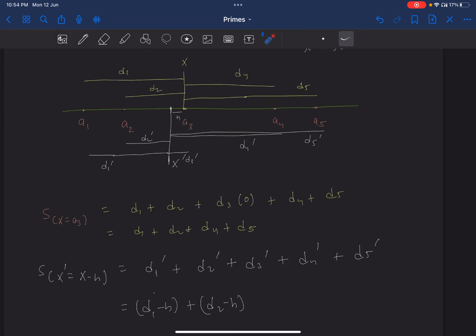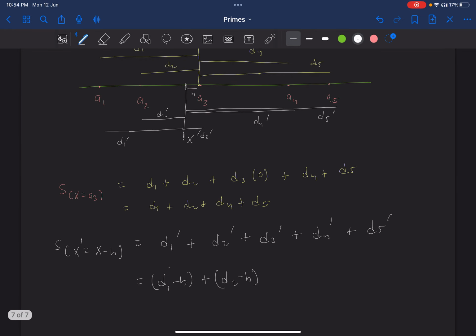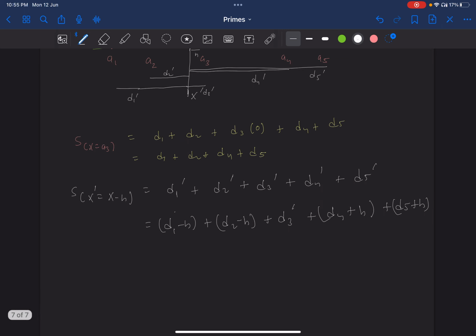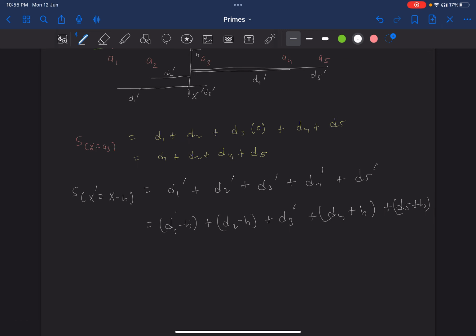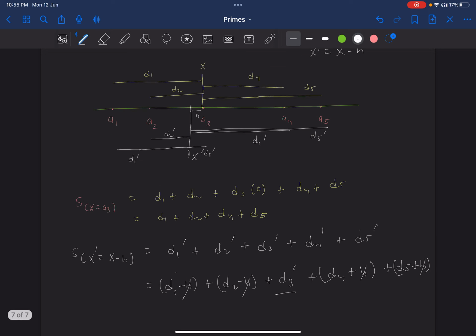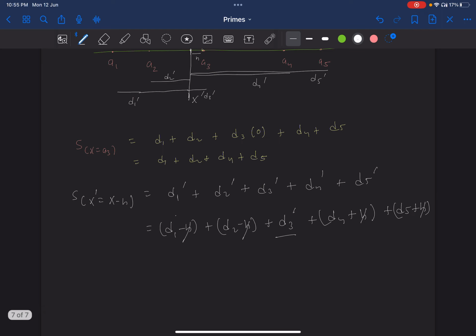So let's write plus d3 dash plus d4 plus h plus d5 plus h. Now let's try to cancel this. So this h and h will be cancelled by this h and h, and this d3 dash gets unaffected. So let's write it like this: d1 plus d2 plus d4 plus d5 plus d3 dash.